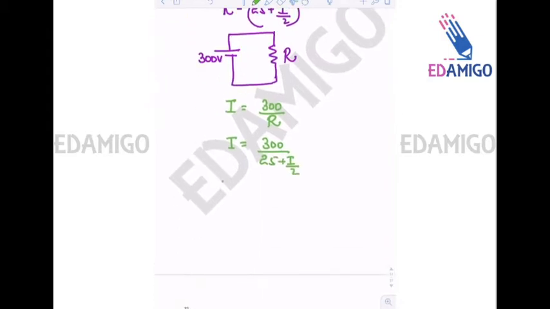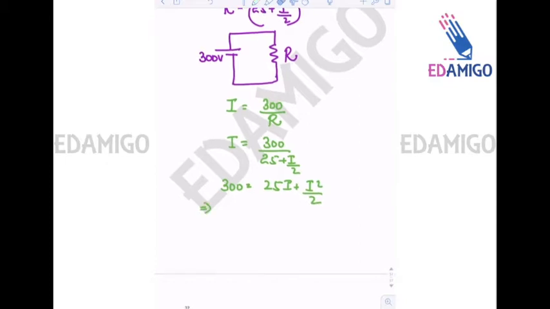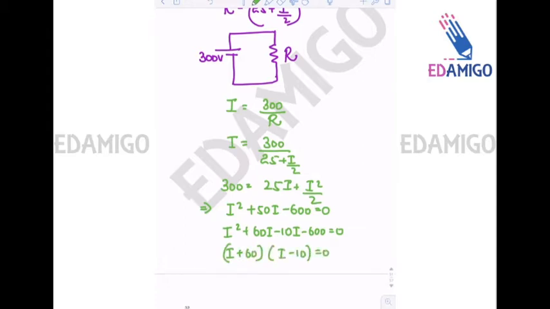So we get 300 is equal to 25I plus I square by 2. Now solving the equation, we get I square plus 50I minus 600 is equal to 0. That is I square plus 60I minus 10I minus 600 is equal to 0. So (I plus 60)(I minus 10) is equal to 0. So I is equal to minus 60 and 10.